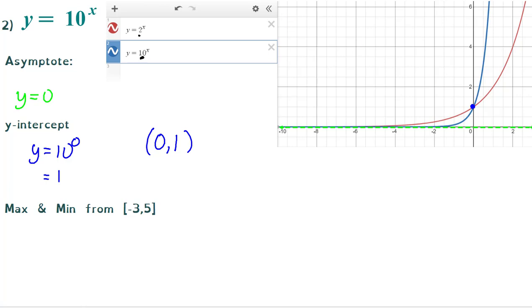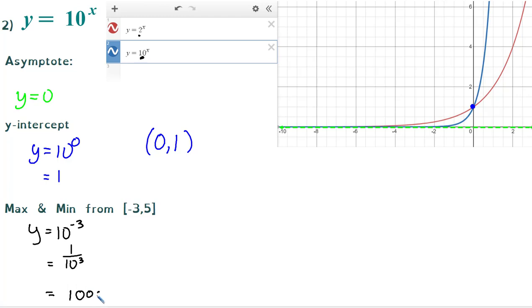So we are going to be finding our max and our min, same way we did last time. We're going to plug in those as the x values and find our y values. So y equals 10 to the negative 3. That means 1 over 10 cubed. And if you don't know the trick for powers on anything with a 10, you write down the number once, and then you put as many zeros as the power.